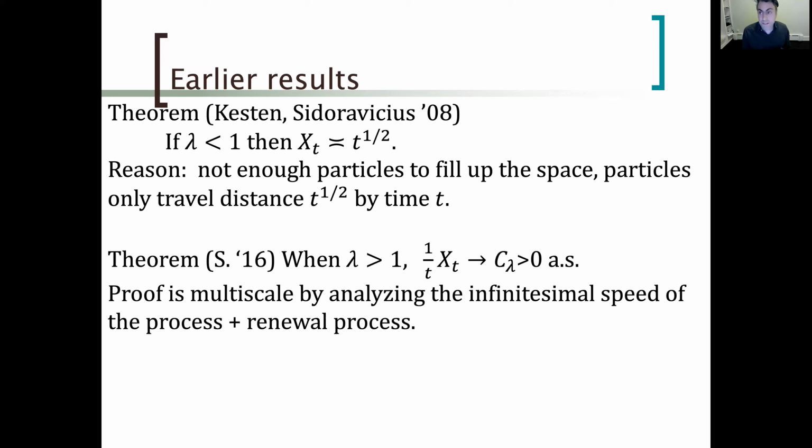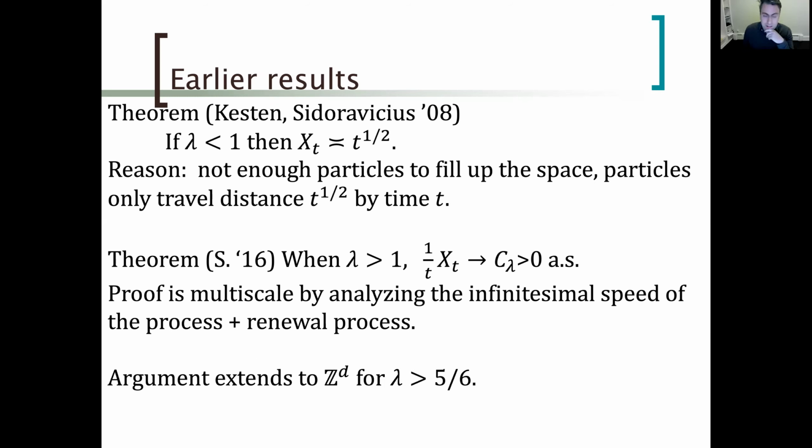Some kind of multi-scale analysis and a renewal process argument shows that you get a strong law of large numbers. And so it's square root of t for lambda less than 1, and a constant times t for lambda greater than 1. It's natural to ask what happens at the critical value of lambda equals 1.